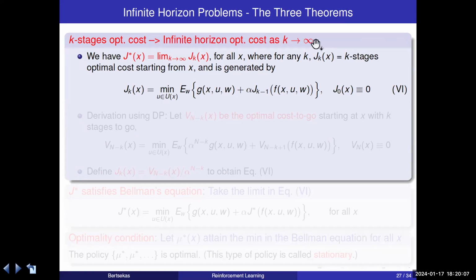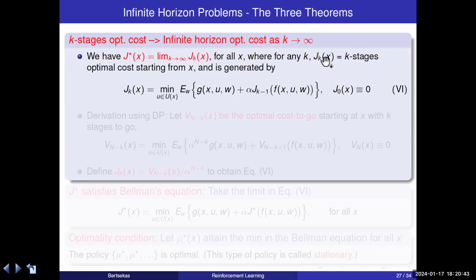In other words, if you take a finite horizon problem with the same cost function, then if you let the horizon go to infinity, in the limit, you're going to obtain the infinite horizon problem and therefore the infinite horizon cost. That makes sense. And mathematically, it says that J star is equal to the limit of J_k of x, where J_k of x is the optimal cost starting from x and going for k stages forward.